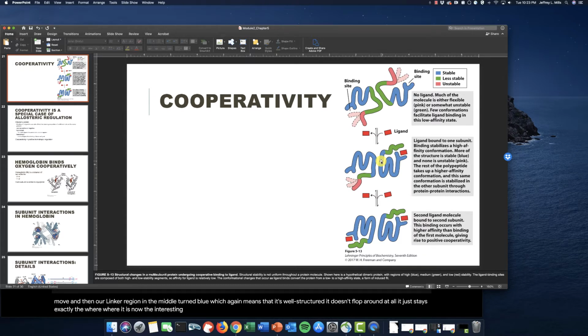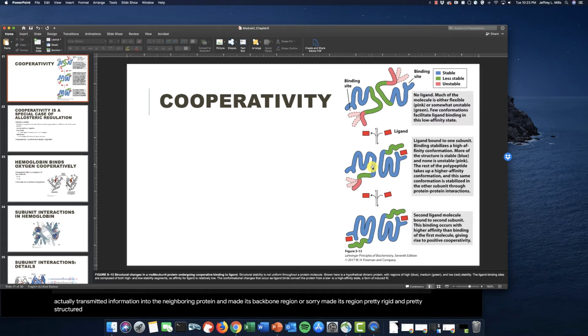Now, the interesting thing here is that making this backbone region, or this connector region, rigid like that actually transmitted information into the neighboring protein and made its flexible region pretty rigid and pretty structured.